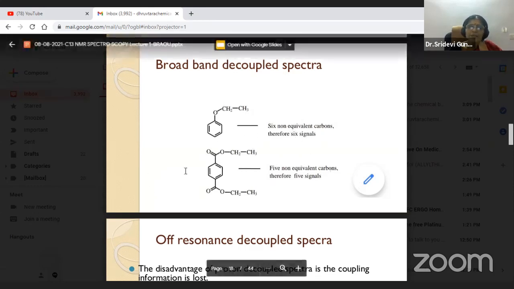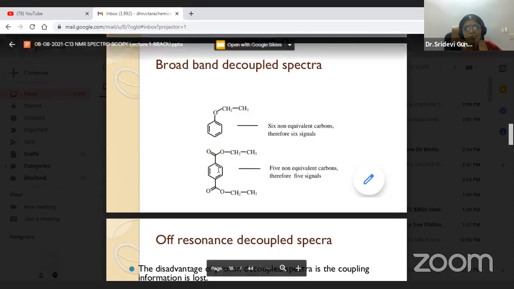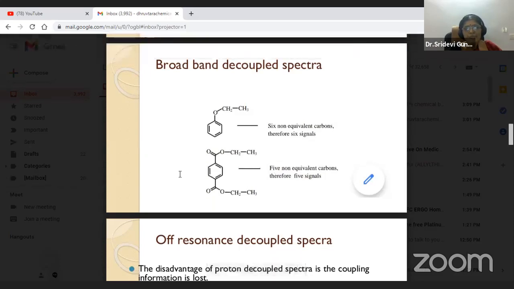Here you see how many non-equivalent carbons there are. This is 1, this is 2, and the ester carbon and the ipso carbon. This 1, 2, 3, 4, 5. See, why 5? Though there are more carbons, because there is symmetry. A plane of symmetry is there.